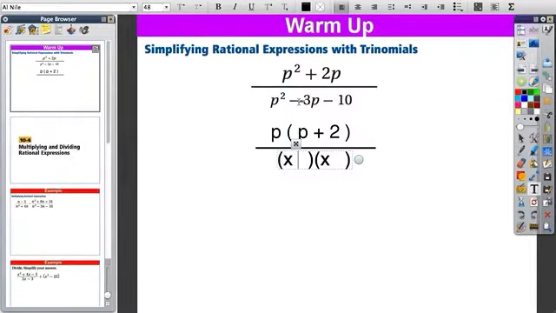Now, the -5 needs to have the negative, because when you combine the -5 and the 2, you get the middle term. So you get the -3. So it's x minus 5. And then here, x plus 2.